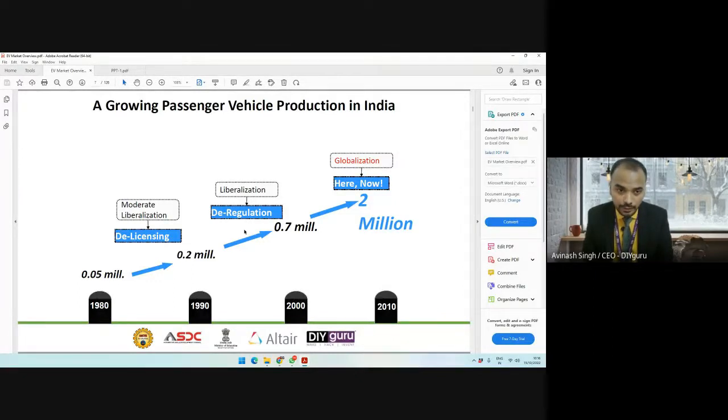At that time, if a company wanted to make 50,000 units of vehicles and wanted to increase that number from 50,000 to 1 lakh, they had to set up a different unit somewhere else, because for a particular place only a limited number of vehicles were allowed to be manufactured.